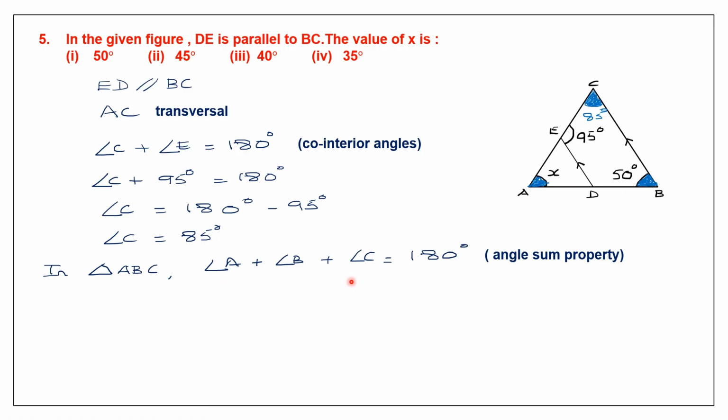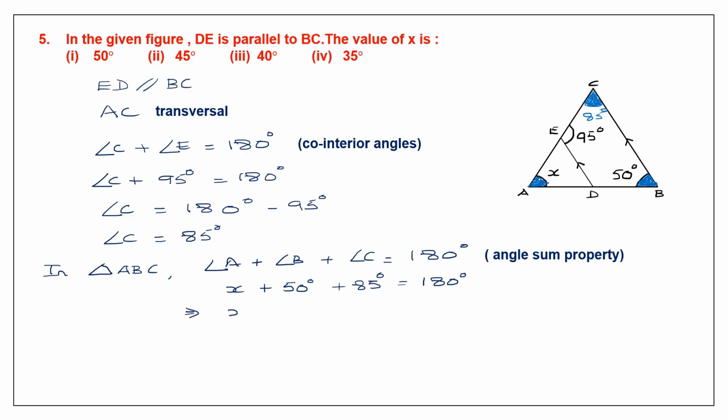So here let us substitute. Angle A is X, angle B is 50 degrees, and angle C is 85 degrees. All this will add up to 180 degrees. So what does that mean?